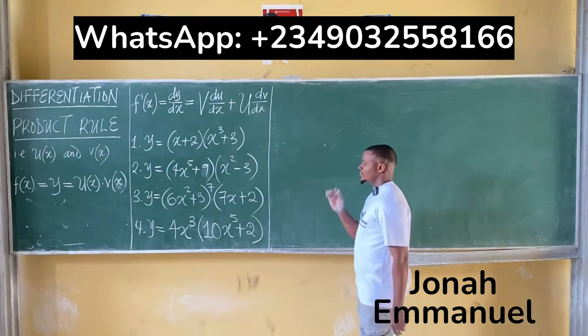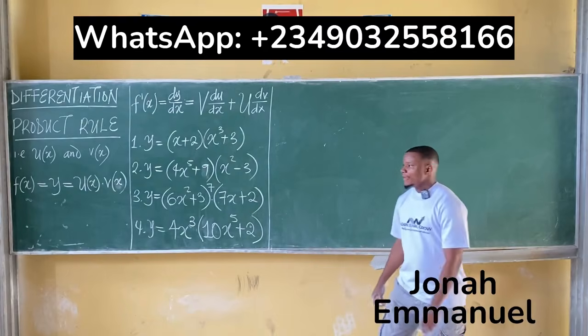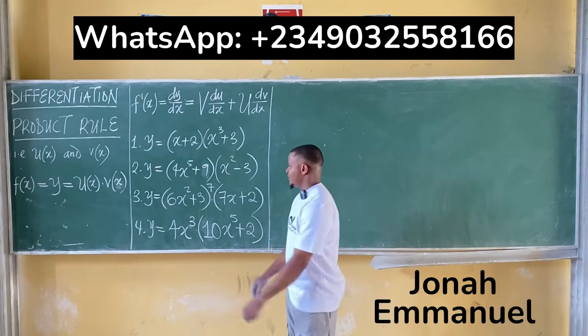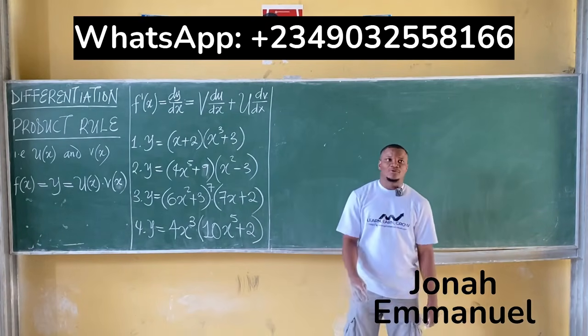So you have 1, 2, 3, 4. We'll start with this 4 first. I'll check for your past questions if I can find something on this, and then we proceed.